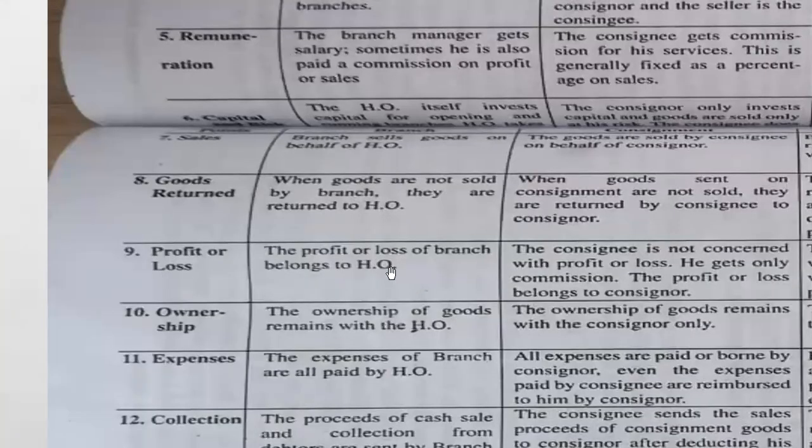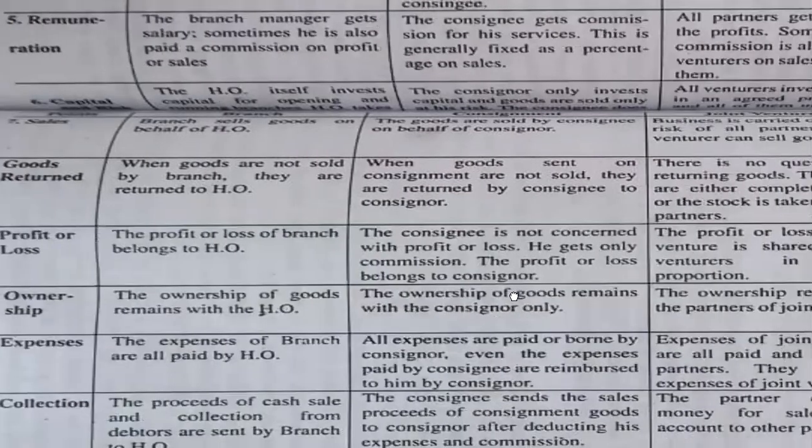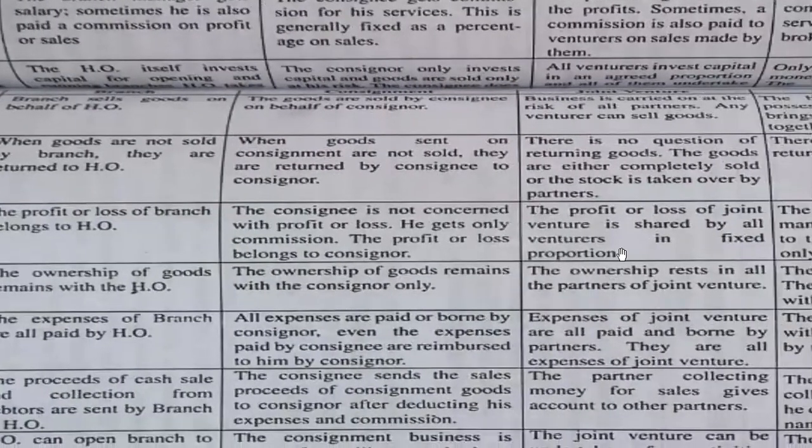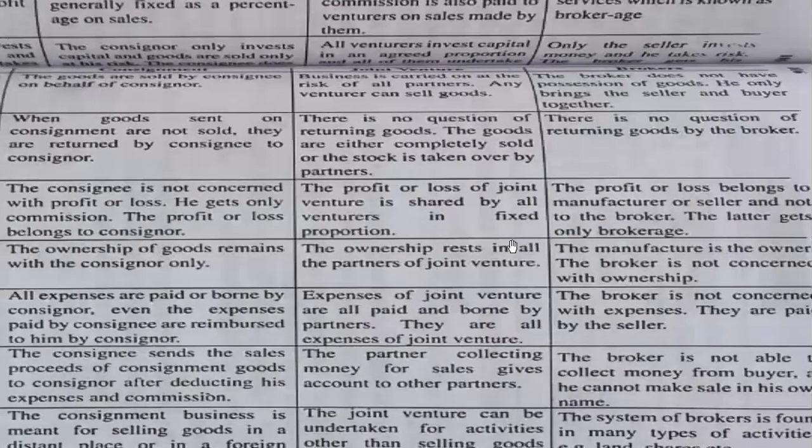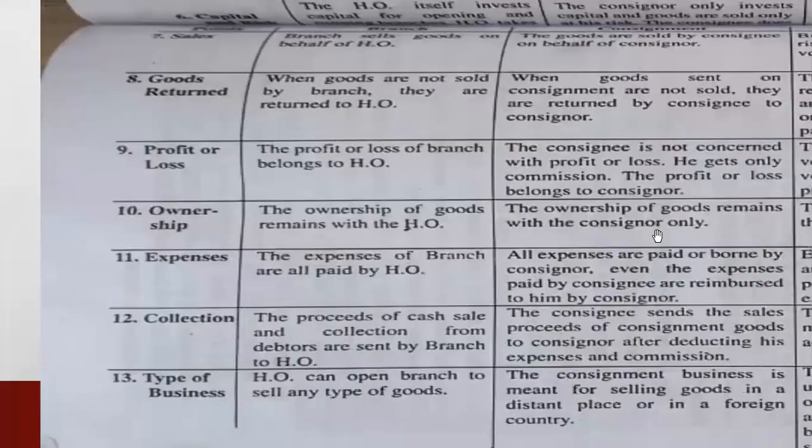Profit or loss. The profit or loss is of head office only. In consignment, the profit or loss is of the consignor only. The profit or loss of joint venture is of all partners, and in brokerage there is no profit and loss. Only the brokerage is there. In ownership, we have already discussed that ownership of goods is of head office.